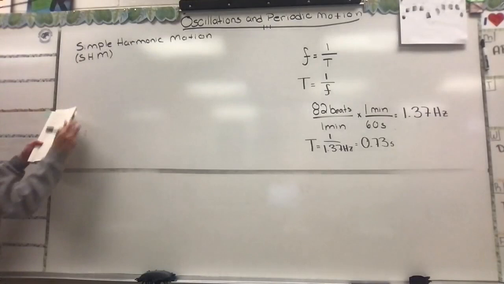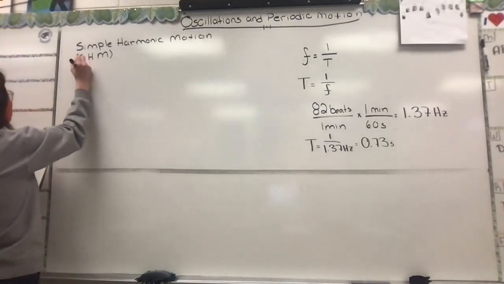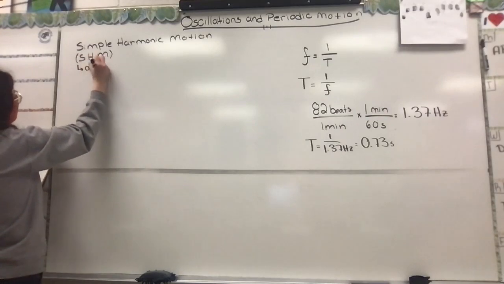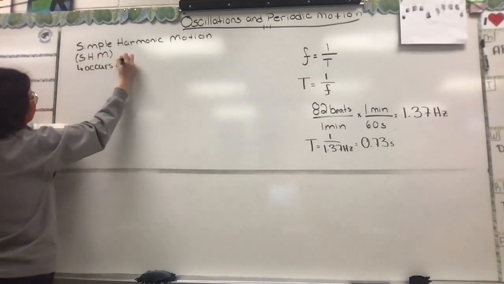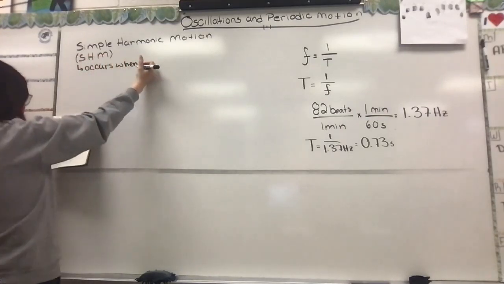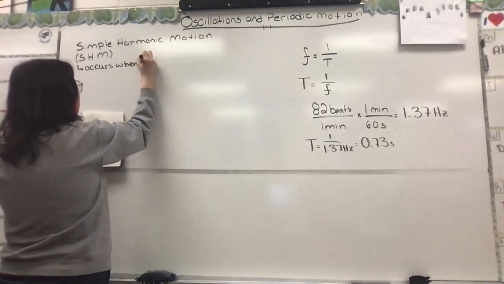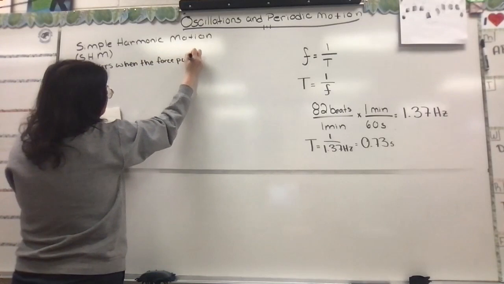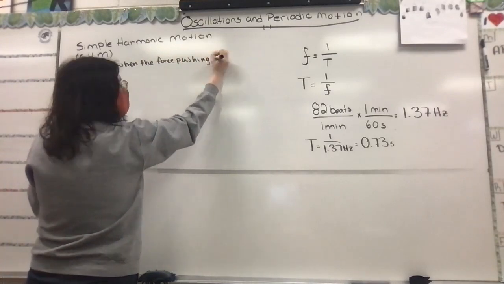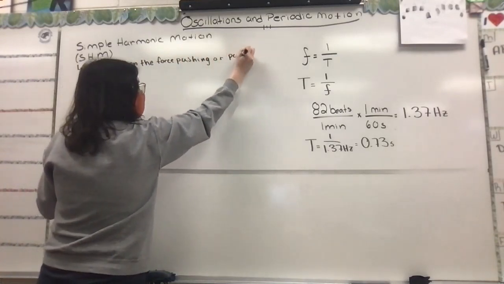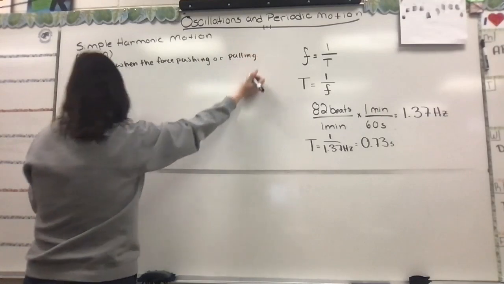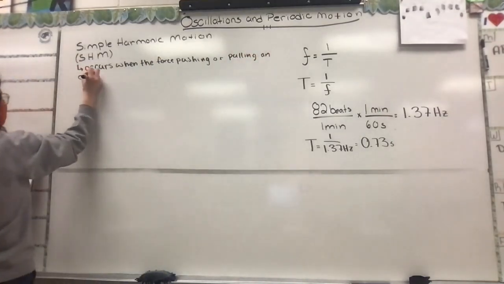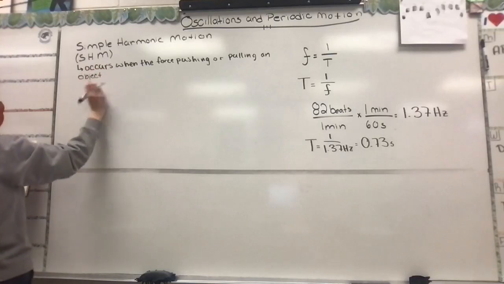So I'll write that up on the board so you guys can put that down. So simple harmonic motion occurs when the force pushing or pulling an object towards equilibrium. The towards equilibrium part is important, okay?